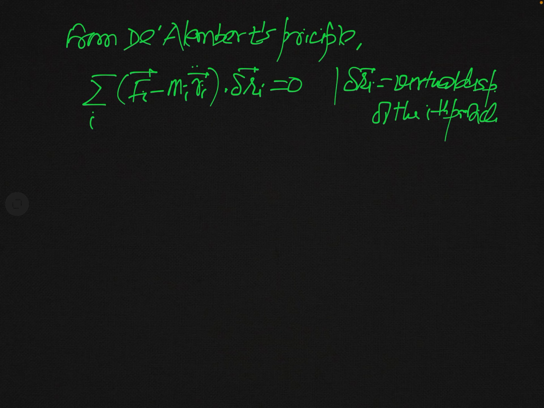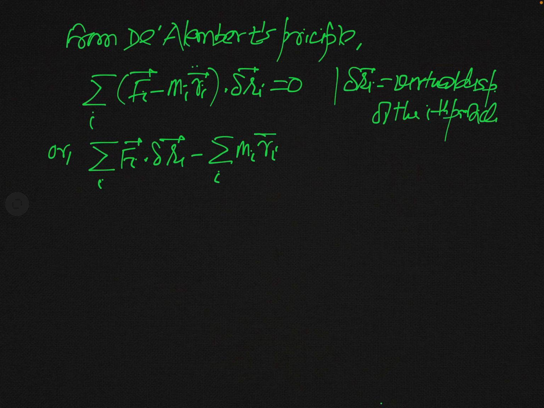And this expression you can write in this way. This is summation over i Fi dot delta Ri minus summation over i Mi Ri double dot dot delta Ri is equal to 0.